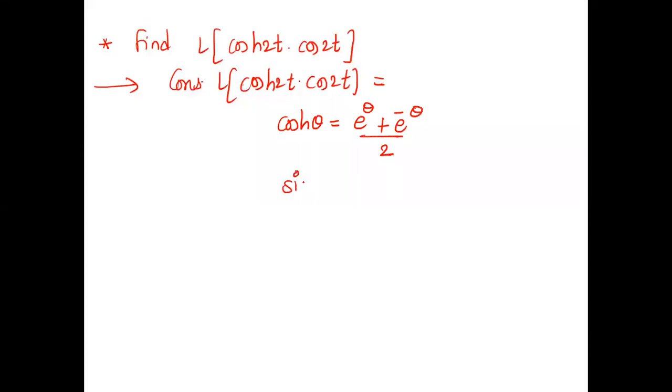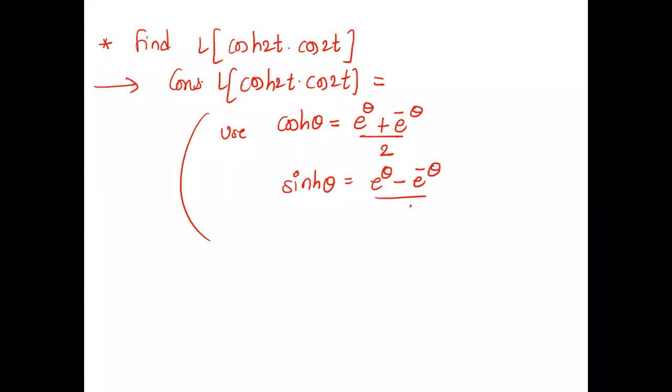And what is the formula of sine hyperbolic theta? E raised to theta minus e raised to minus theta upon 2. So DSY students, you will notice the formulae and remember them. So here, if a hyperbolic function comes, we can always use e, because e is the property we can solve.